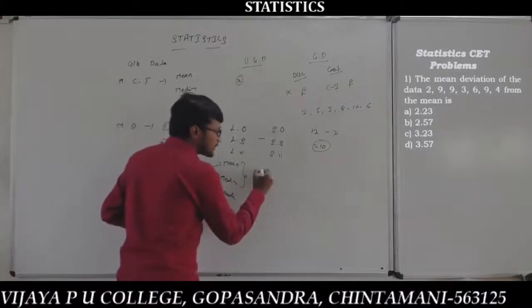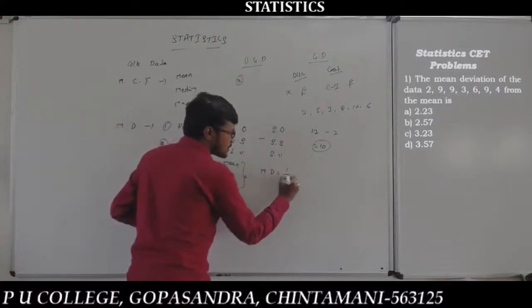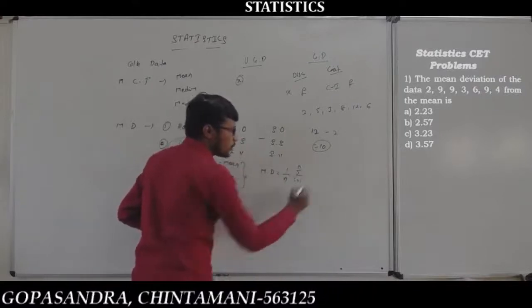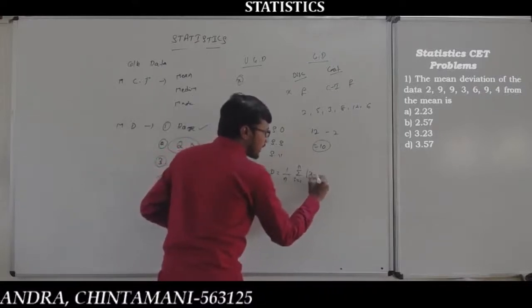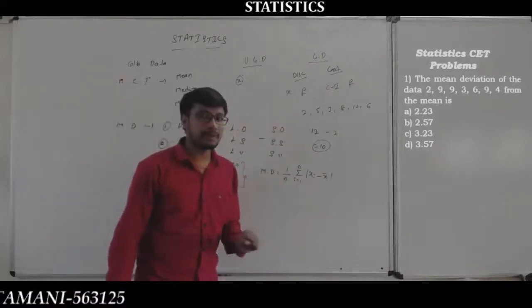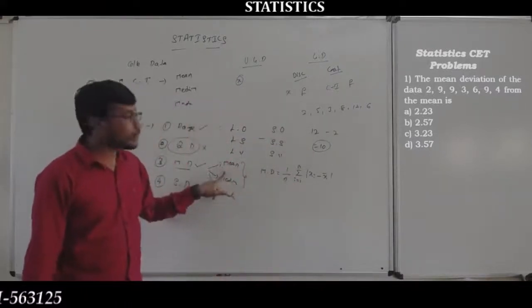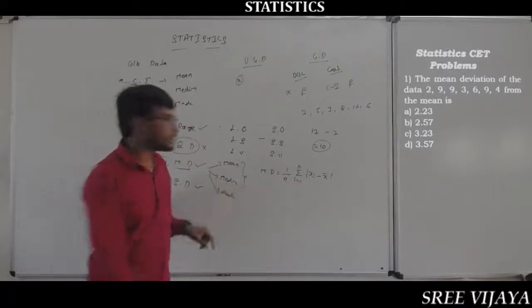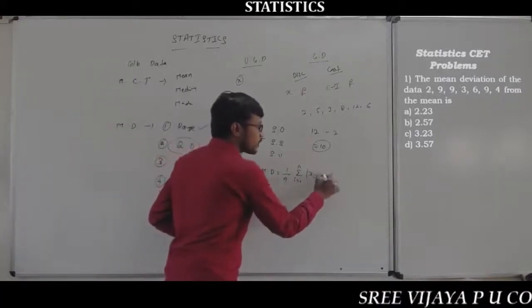The formula is mean deviation equals 1 by n, summation of i equals 1 to n, modulus of xi minus x bar. What is this x bar? It is the mean. By using mean, you are finding the mean deviation. If you take the median, in place of x bar you put M.